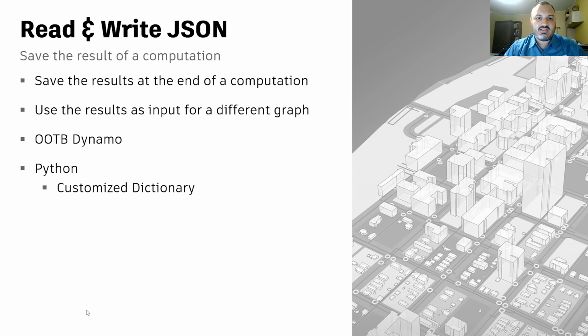But my recommendation is that, especially for road design, you leverage a different approach, serializing the results to JSON. So you could achieve that either using Dynamo out-of-the-box tools, nodes, or Python, where you can customize the dictionaries containing the information of these geometries and other inputs.